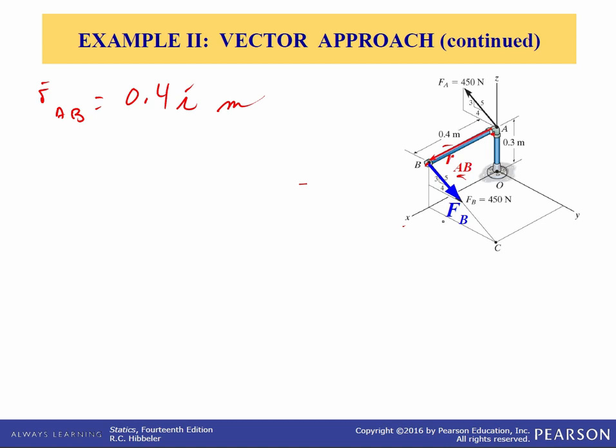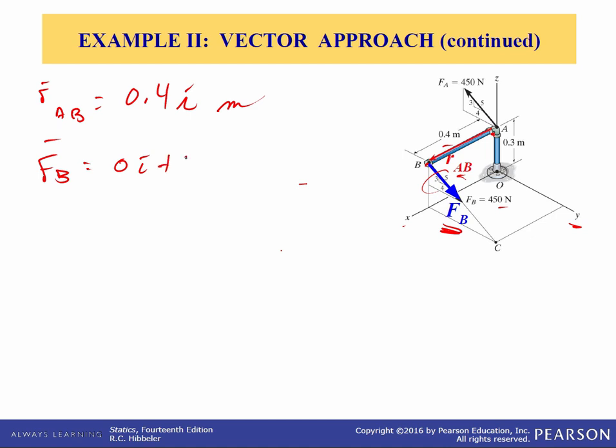Now F sub B is this one here, and we need to break it into its Cartesian components. In the x direction, there is no component because this F_B force is entirely in the yz plane. So that's just 0 i. Now in the y direction, it's going to be positive, and this is a 3, 4, 5 triangle, and F sub B is 450.